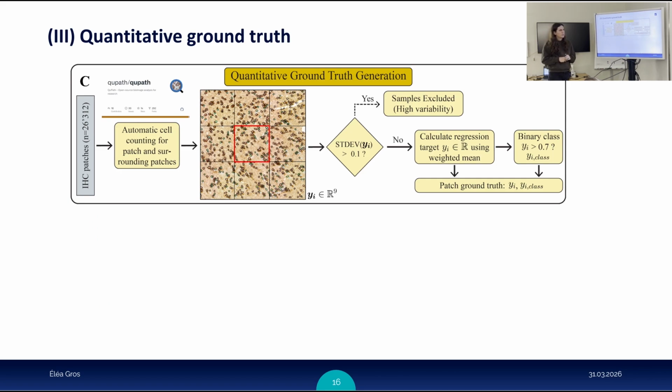One very important thing is that we're using a quantitative ground truth that is automatically and reliably generated. Basically, how it works is that we take the immunohistochemistry patches that we saw before. We have cell counting and classification of the cells based on QuPath, where it finds the cells and then classifies them.